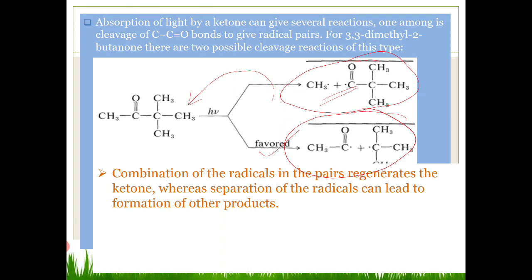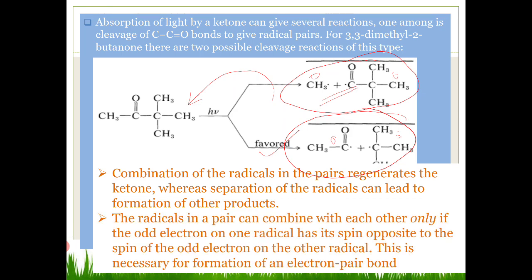So here what is happening is, these two are regenerating the original one. This can combine with the same one, this can combine with the same one, or this can combine with the same one. So what will happen? It will be leading to the formation of different products.